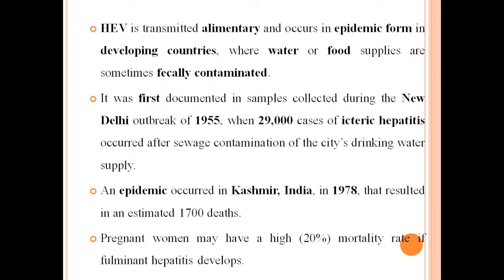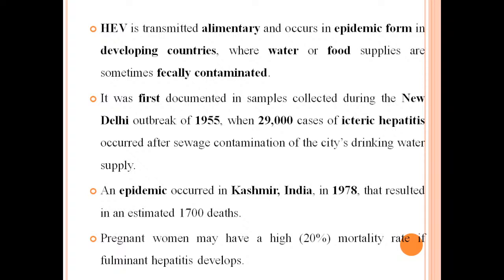It was first documented in samples collected during the New Delhi outbreak of 1955, when about 29,000 cases of icteric hepatitis occurred after sewage contamination of the city's drinking water supply. An epidemic occurred in Kashmir in India in 1978 that resulted in an estimated 1,700 deaths.